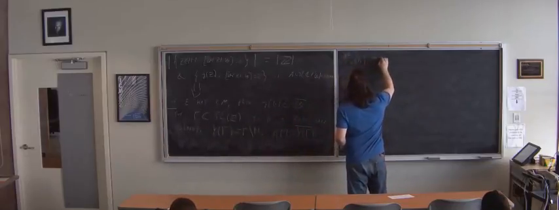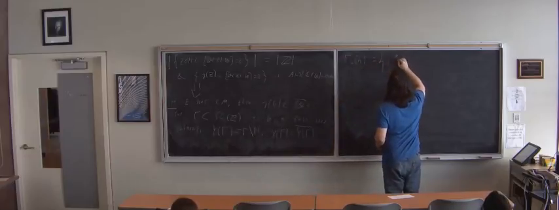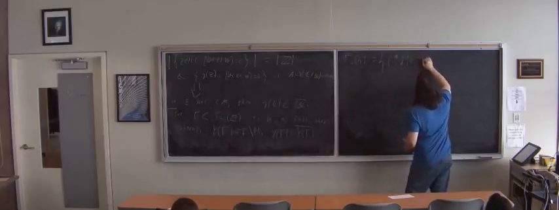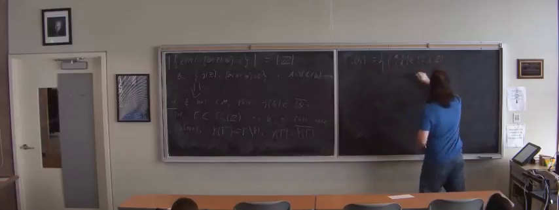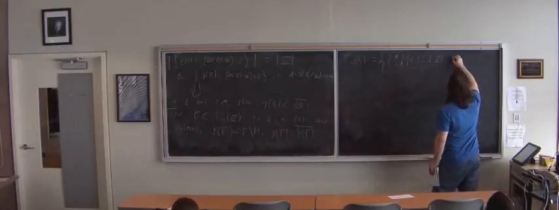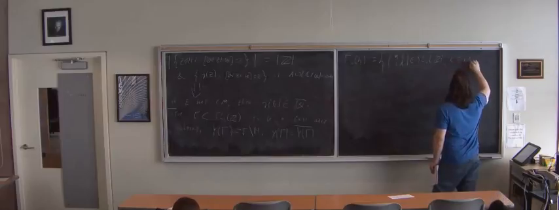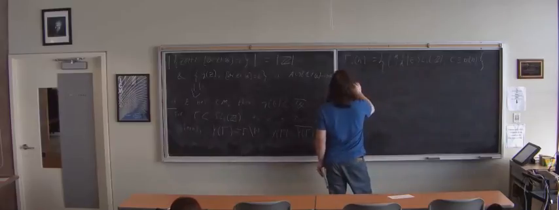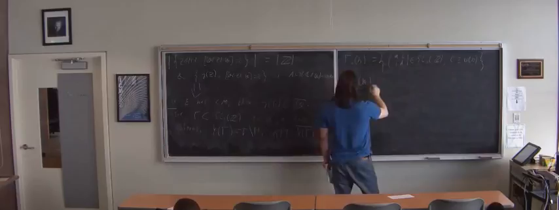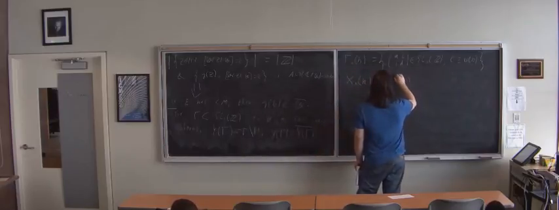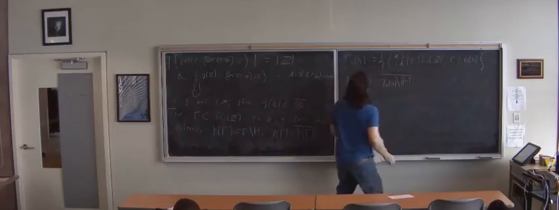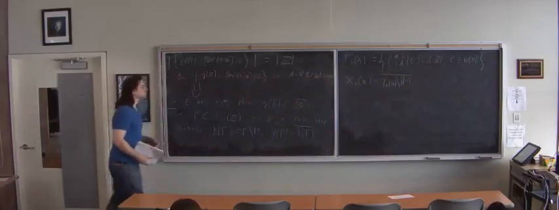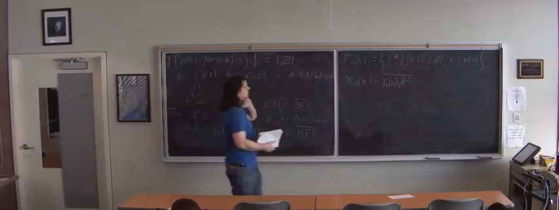We can define gamma naught of n as the set of matrices A, B, C, D in SL2(Z) which mod n are upper triangular. And then we define Y naught of n and X naught of n to be the quotients by gamma naught of n.